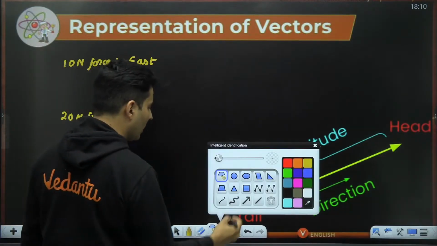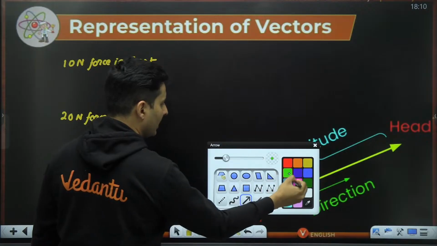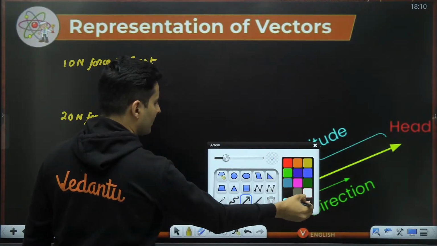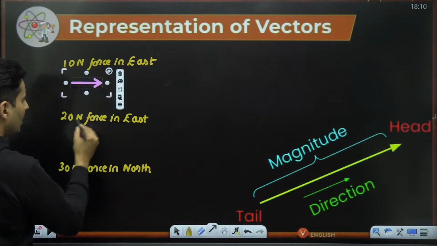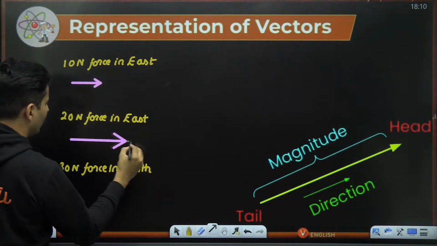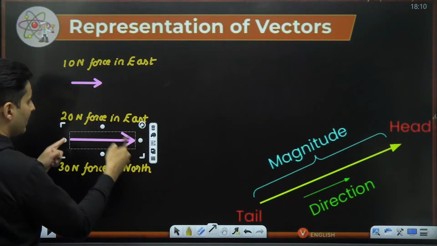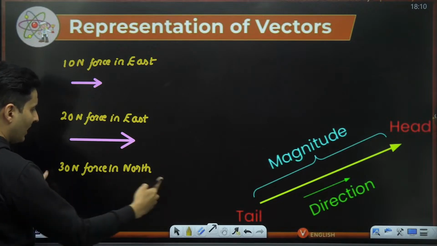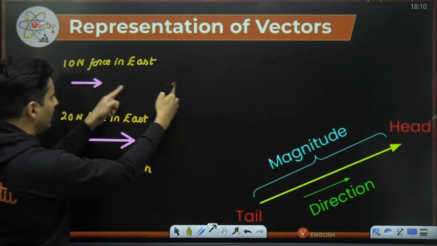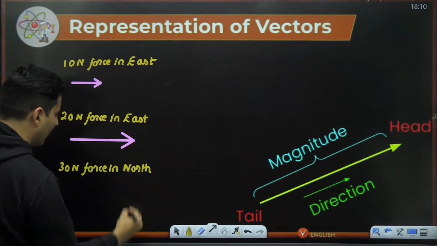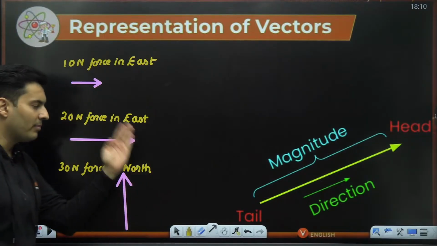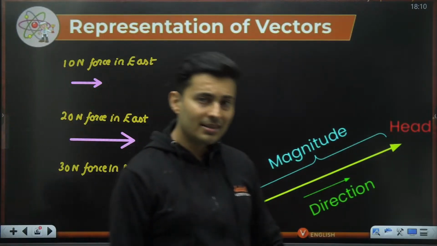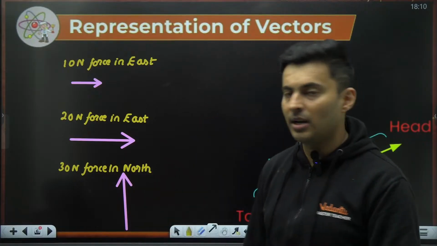So how will they look like in each situation? For example, in the first scenario, 10 Newton force in the east direction might be this much. 20 Newton will be double of this, so it might be twice as lengthy as this. 30 will be thrice as lengthy as 10, 3 times, but it is in the north direction, so maybe it is over here. So this is how you represent the vector quantities in the graphical or diagrammatical form.